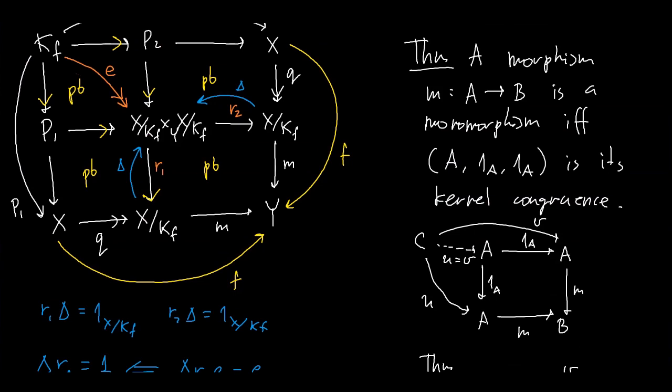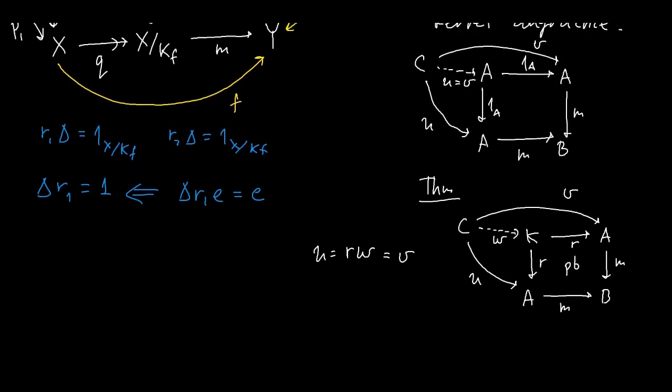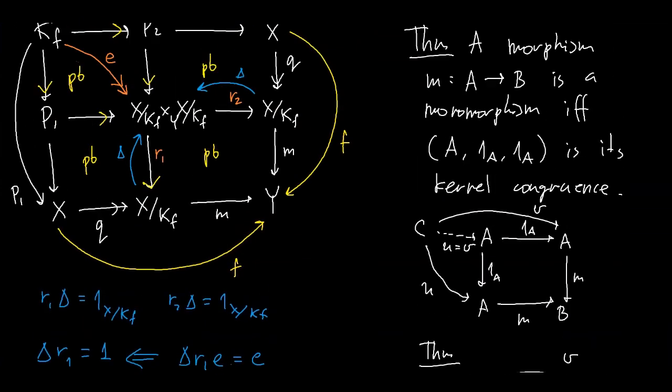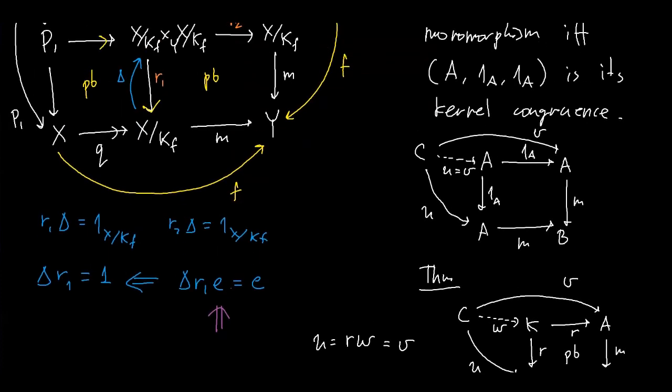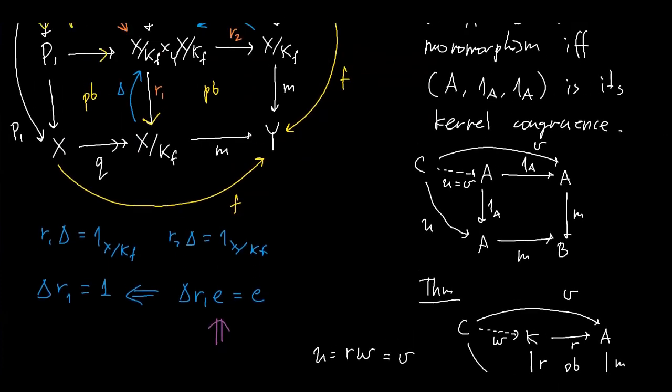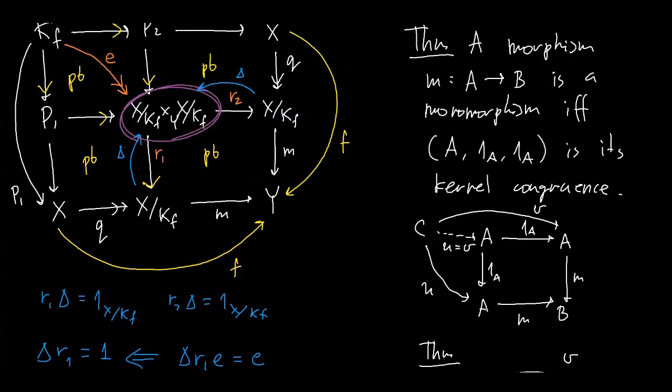Maybe we use now the fact that R1 and R2 must be jointly monomorphic. To prove these two maps are equal, these two maps going into here, it's sufficient to prove they're equal up to being composed with R1 as well as with R2.